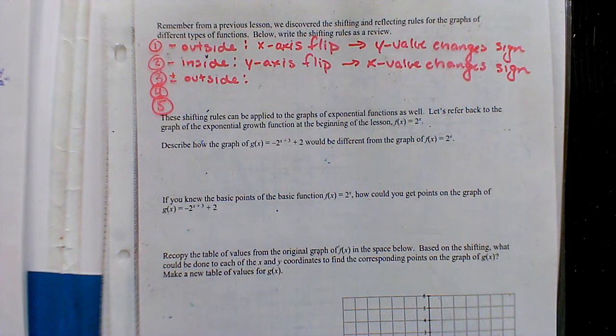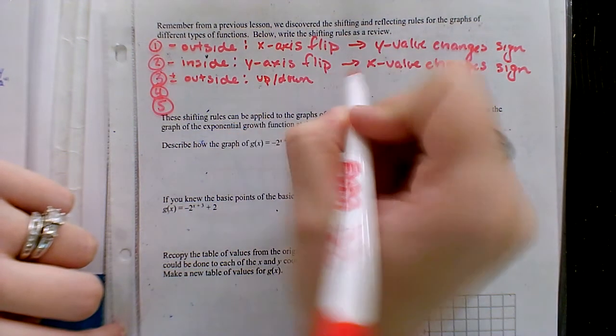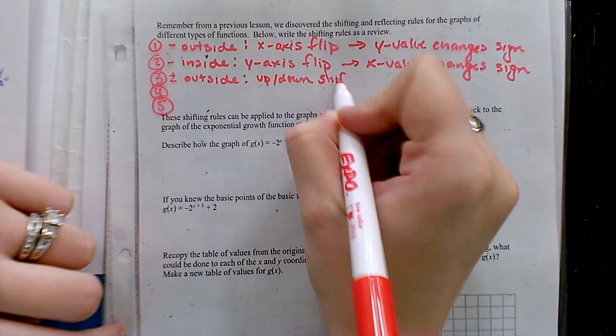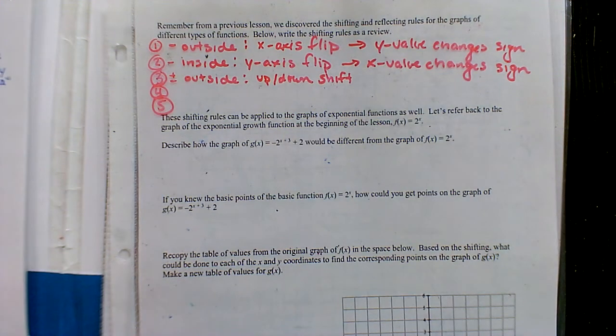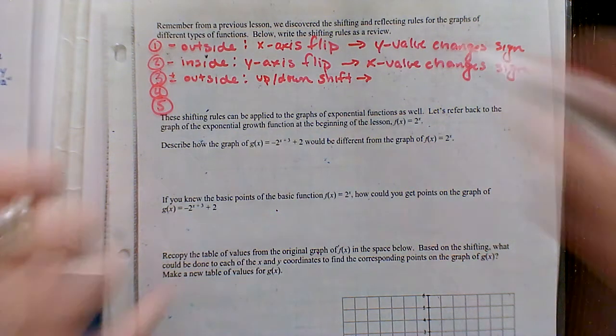Or if we have a plus or minus on the outside, are we moving it left or right or up and down? All right. These are the up/down shifts. Depending if you're adding, you move up. If you subtract, you move down. If you're shifting a graph up and down, what variable is changing? Yeah, a y value.